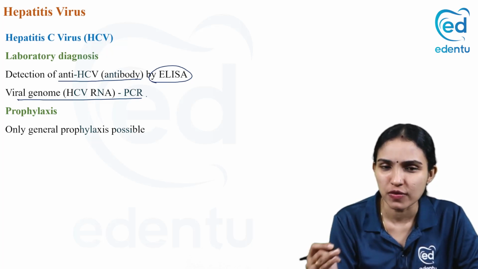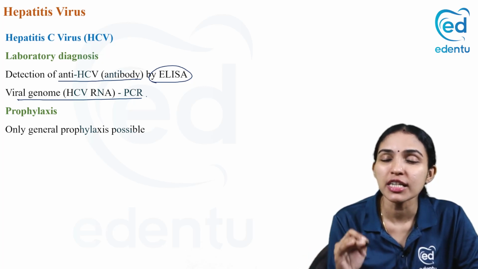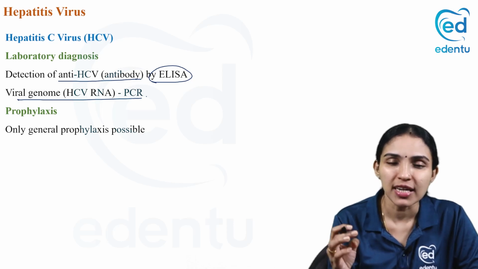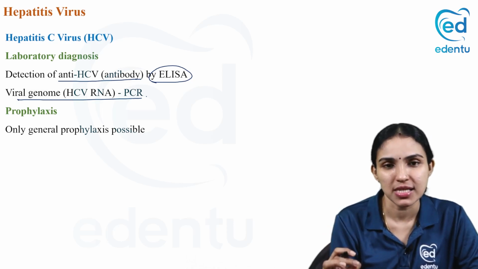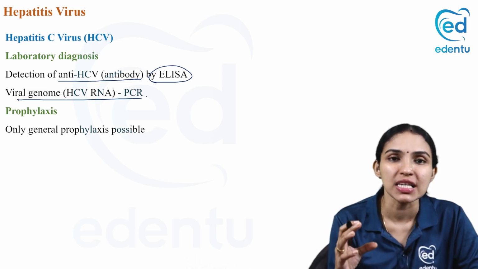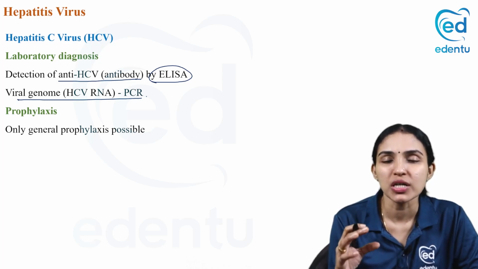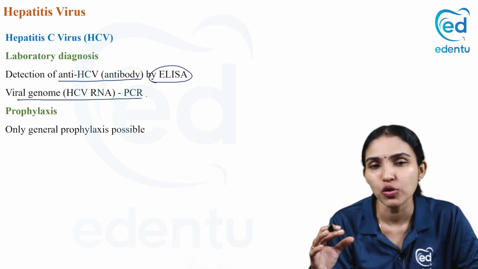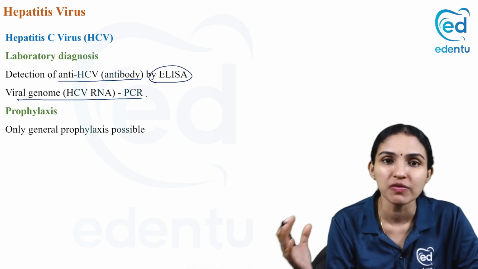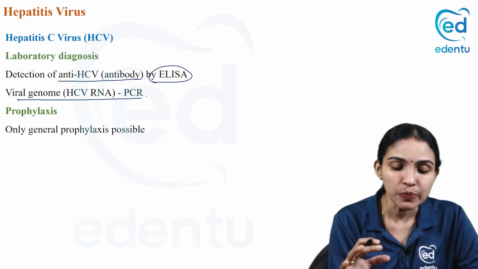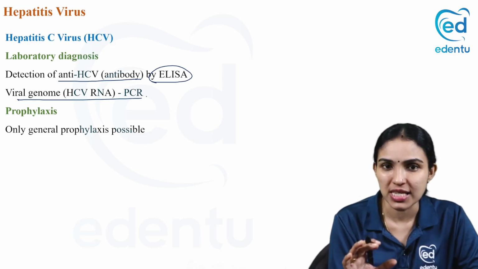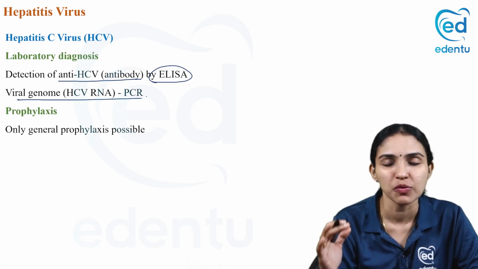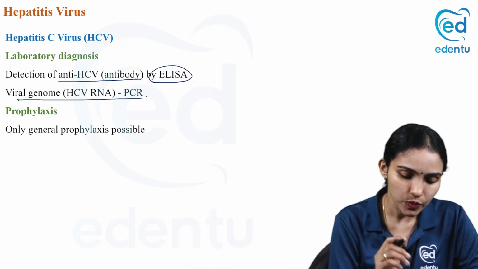Similarly, before any kind of surgical procedures, we regularly do screening for 3 bloodborne viruses, that is HIV, hepatitis B, and hepatitis C. These 3 viruses should be screened in the blood of a patient before you are subjecting them to any kind of procedures, because if they are positive, you have to take all the precautions and you have to prevent the transmission. So similarly, antibody testing for HCV, hepatitis B, and HIV is always done before blood transfusion and before organ transplantation.